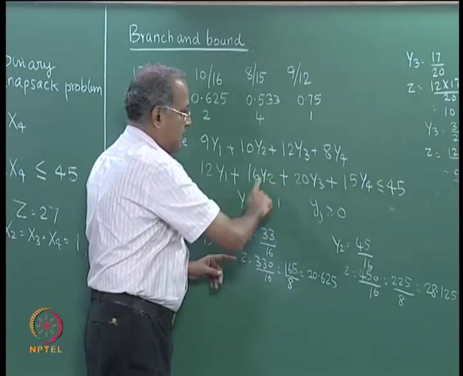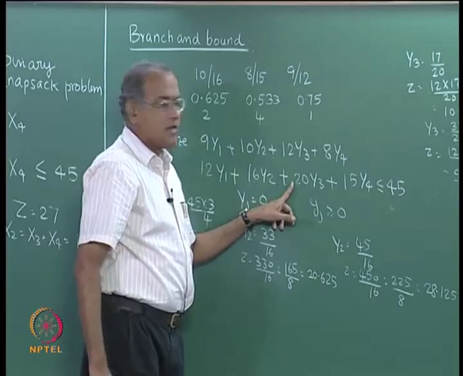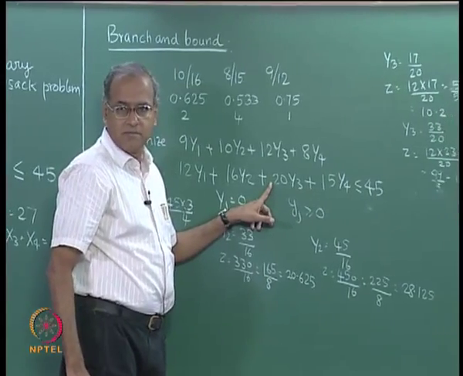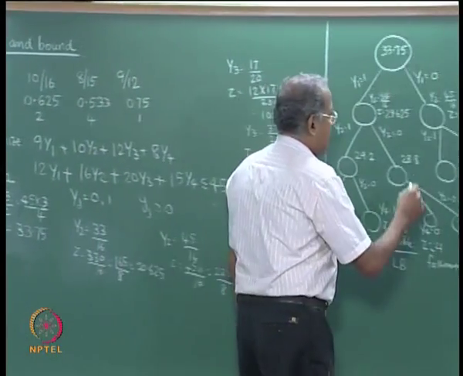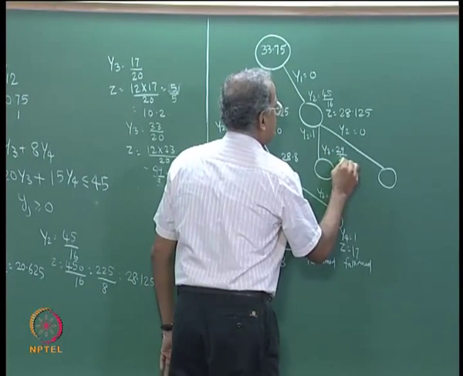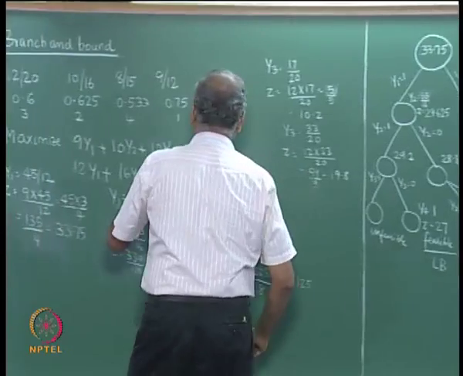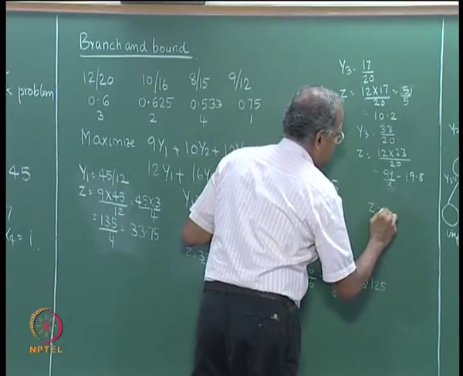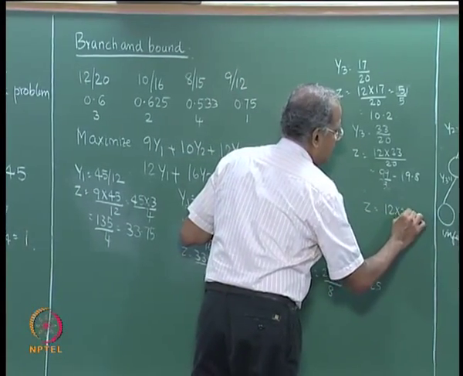So, 29 units are available. So, y3 will be 29 by 20 and the objective function value will be 12 into 29 by 20.